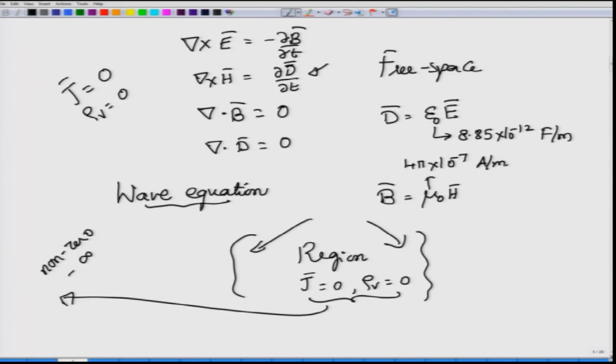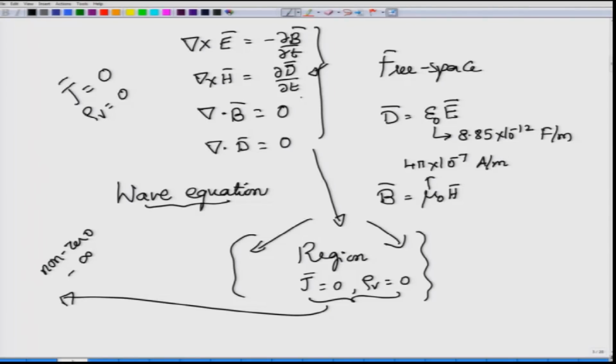So, we have this region, there are no J fields or free charges, and these are the Maxwell's equations which have been applied for this case. These equations are valid in this region, and you can see that we have set the source terms equal to 0.